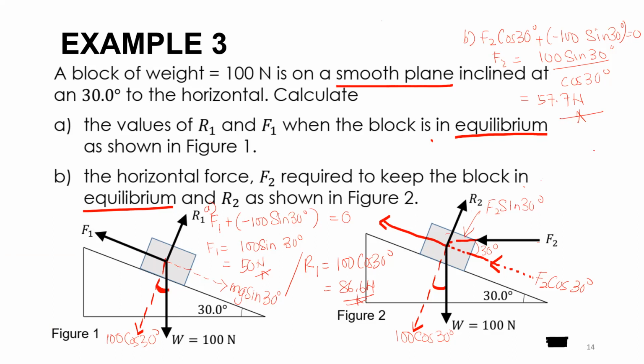So I have the R2. This is 100 cos 30 degrees plus F2 sine 30 degrees.